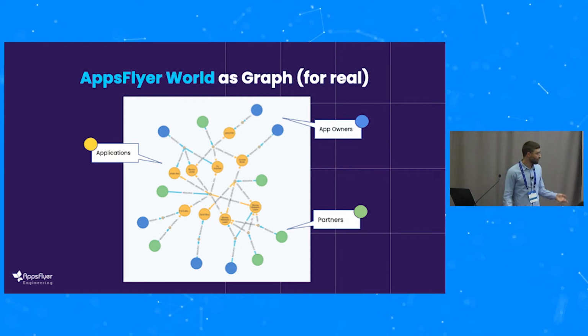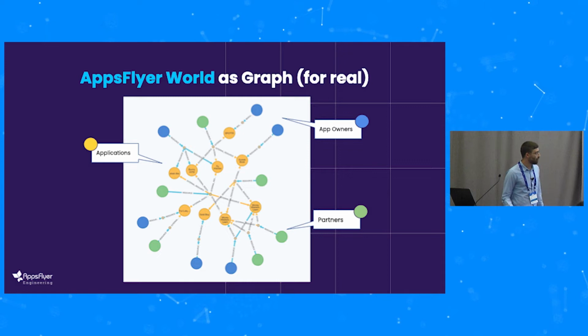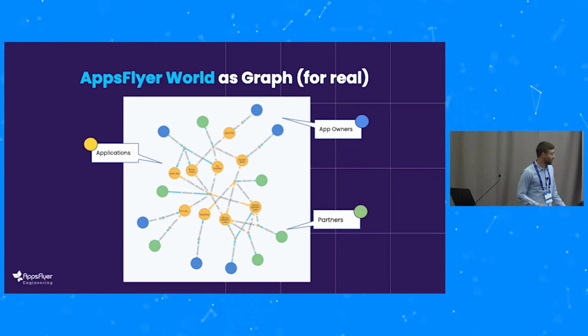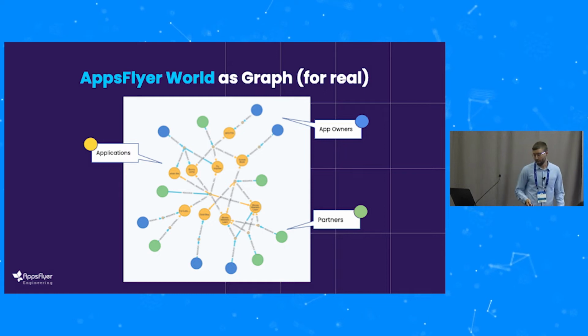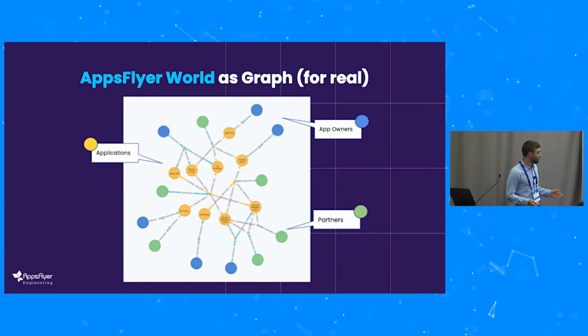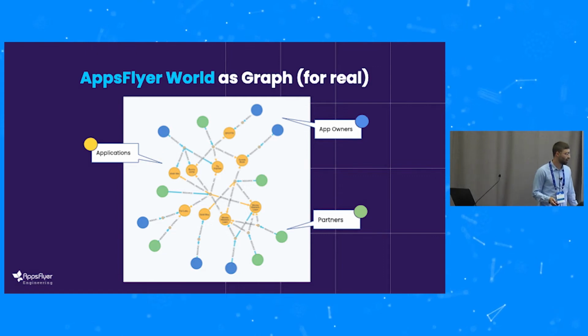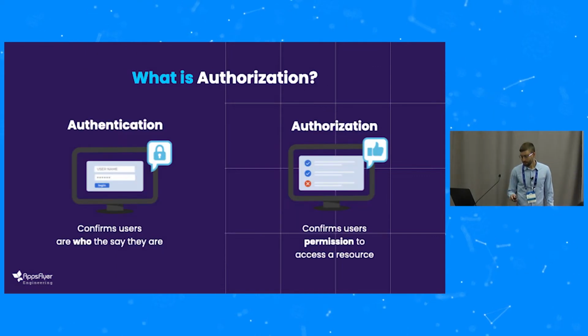One of the benefits of modeling the domain over a graph is flexibility. We can extend it to additional partners, customers, or additional business cases without modifying the existing graph. We just expand it with more nodes and relationships.